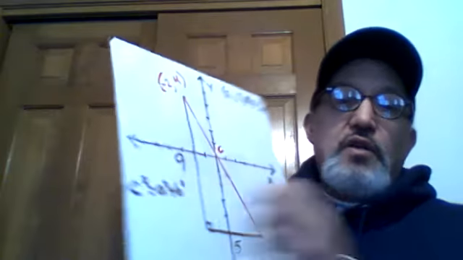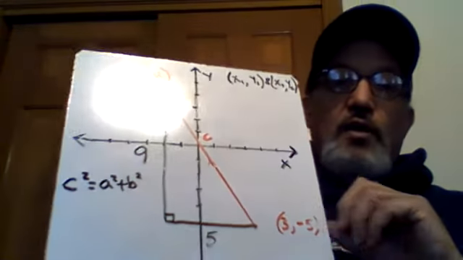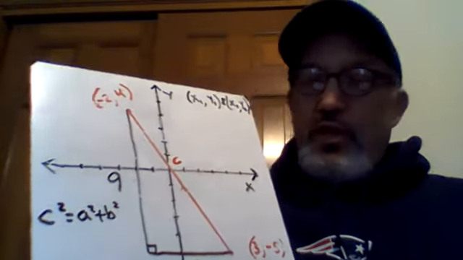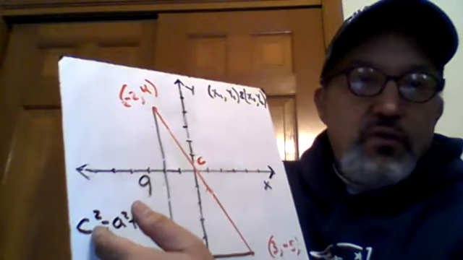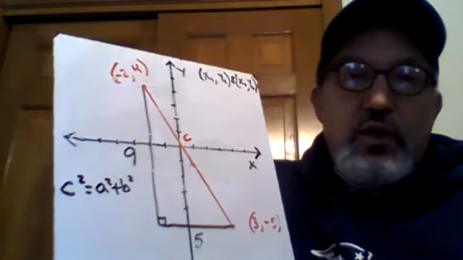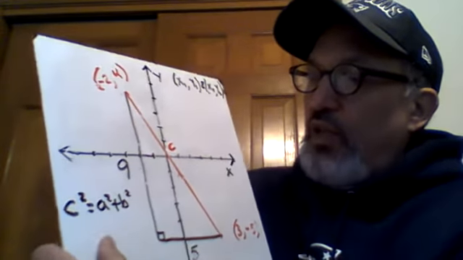So C, of course, is going to be found through the Pythagorean formula, the Pythagorean theorem. C squared equals A squared plus B squared. Now, often we see the Pythagorean theorem described as A squared plus B squared equals C squared, but you can certainly say that C squared equals A squared plus B squared. That's actually a little bit more practical, as we'll see.